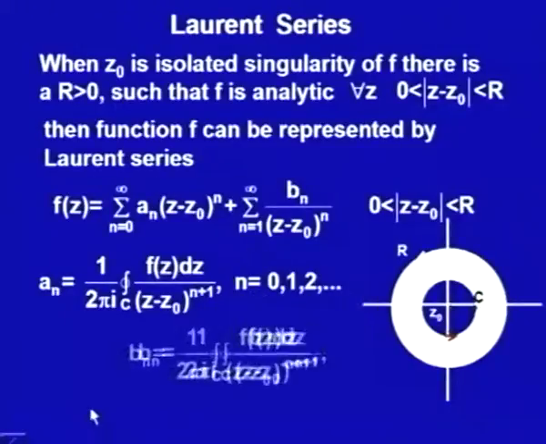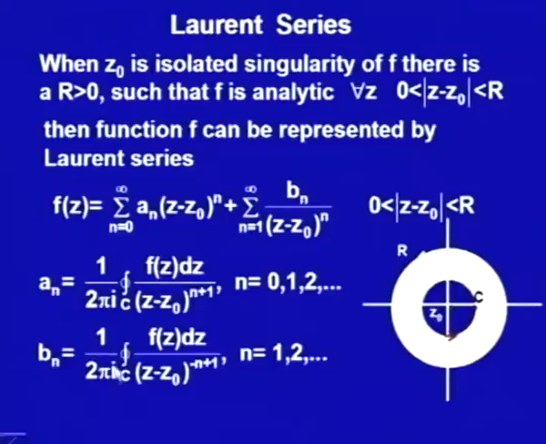And b_n is given as 1 upon 2 pi i, the integral along this closed contour C of f(z) upon (z minus z naught) to the power minus n plus 1. You see, for a_n we have in the denominator (z minus z naught) to the power n plus 1, and in b_n we have (z minus z naught) to the power minus n plus 1, for n equal to 1, 2 and so on.